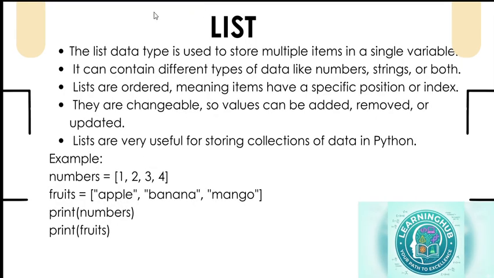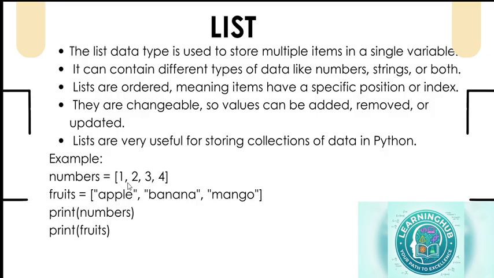Next is the list data type. The list data type is used to store multiple items in a single variable. It can contain different types of data like numbers, strings and both. Lists are ordered, meaning items have a specific position or index. They are changeable, so values can be added, removed or updated. Lists are very helpful for storing collections of data in Python. We write a list in square brackets.